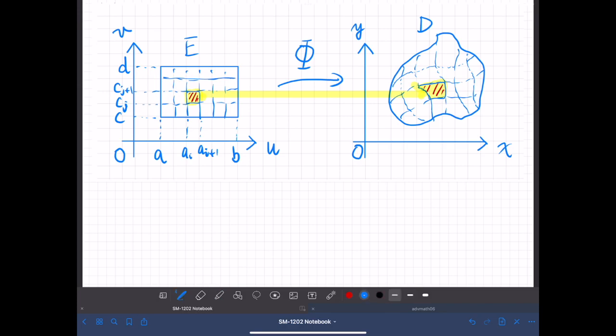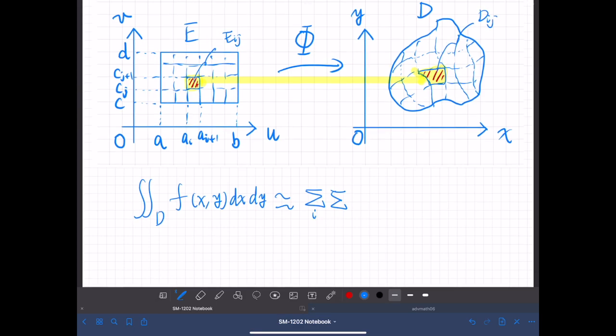And if we consider the integral on D, this can be approximated by a summation, similar to the Riemann sum. Each of these corresponds to Eij, and this corresponds to Dij.